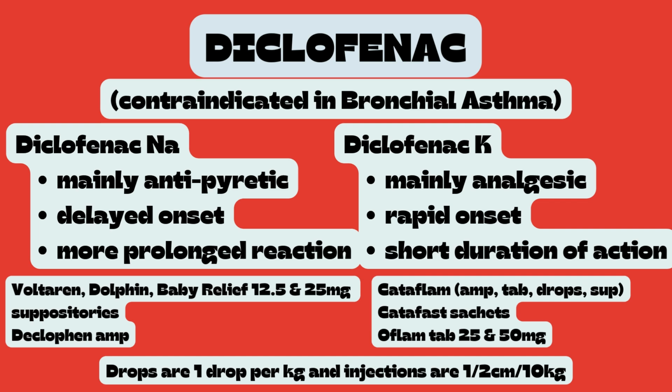Diclofenac sodium is mainly antipyretic and has a delayed onset but prolonged action. Examples would be a Voltaren suspension or a diclofenac ampoule. Diclofenac potassium is mainly an analgesic, has a rapid onset but short duration of action. An example is Cataflam that comes in tablets, ampoules, drops, and suspension.